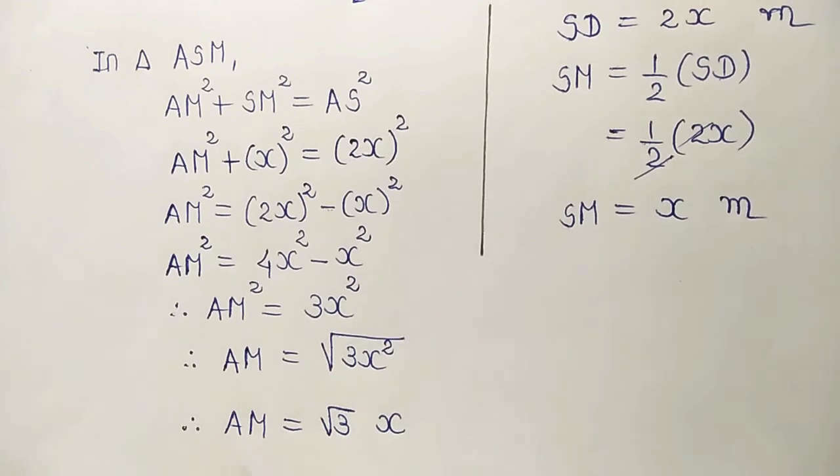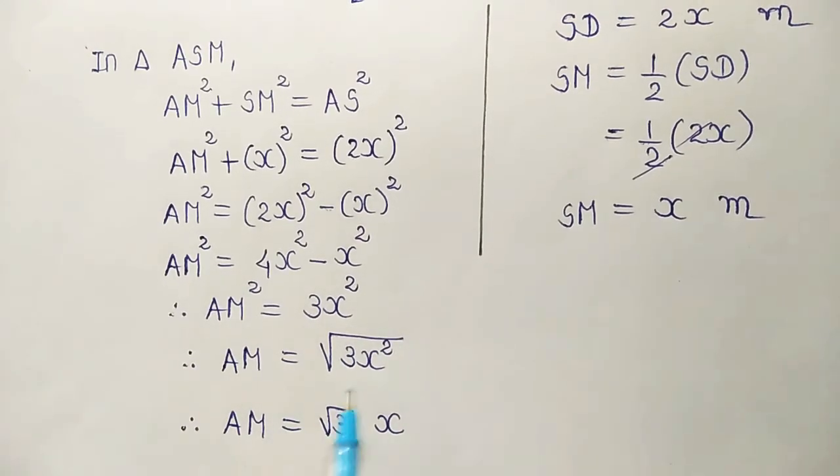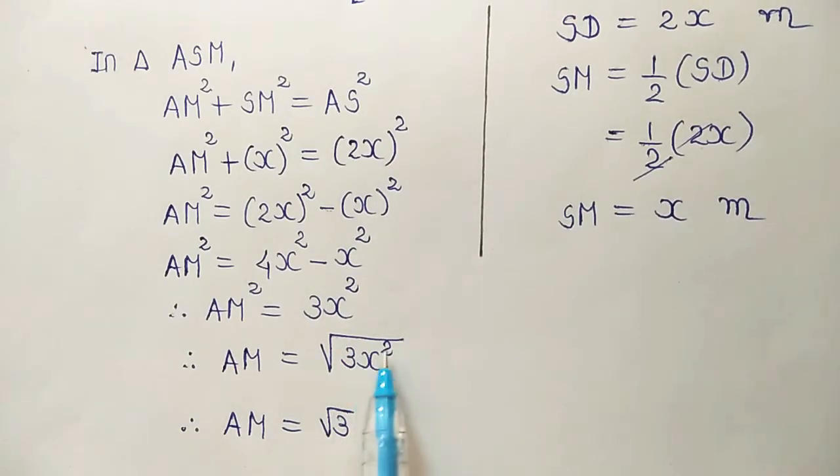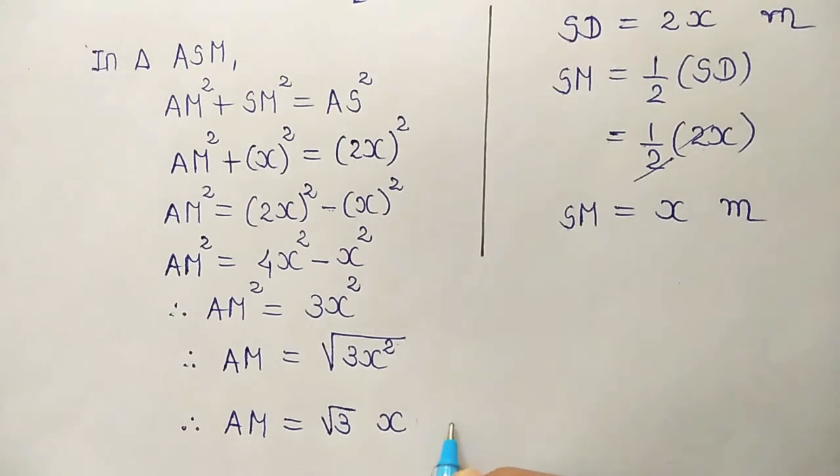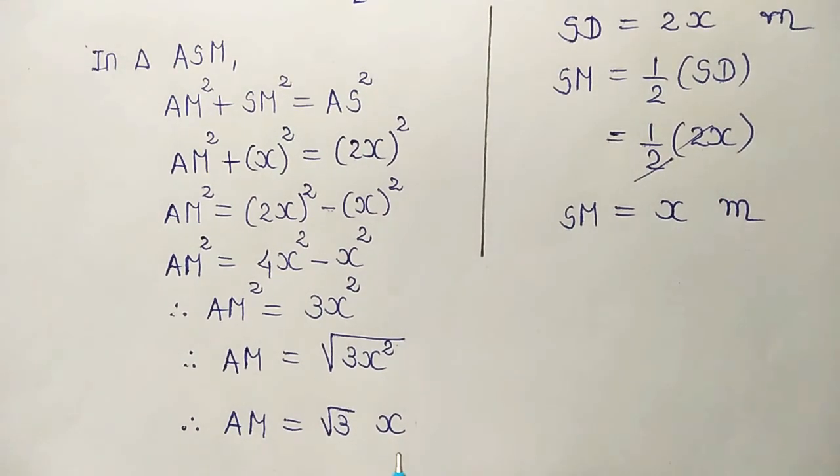Do not make mistakes, students. Here, square root of 3 and square root of x square will be x. So this x is out of the square root. Please make sure while writing that x is out of the square root. So keep a little space and then write x. So AM is square root 3 x.